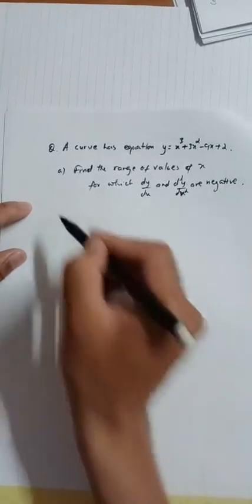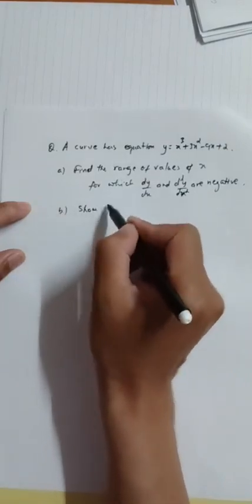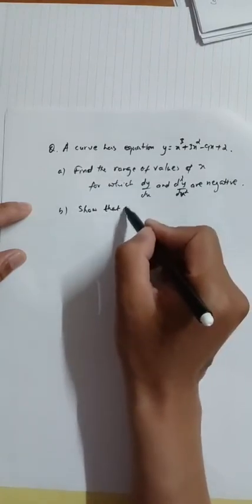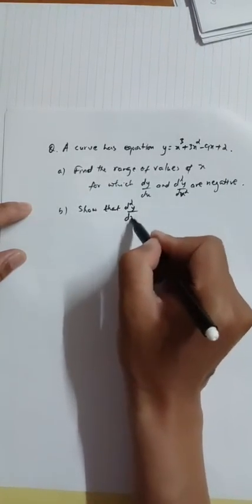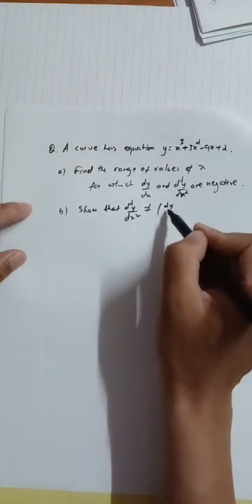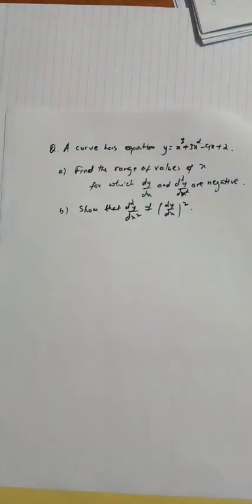Then show that d2y over dx square is not equal to dy over dx whole square.